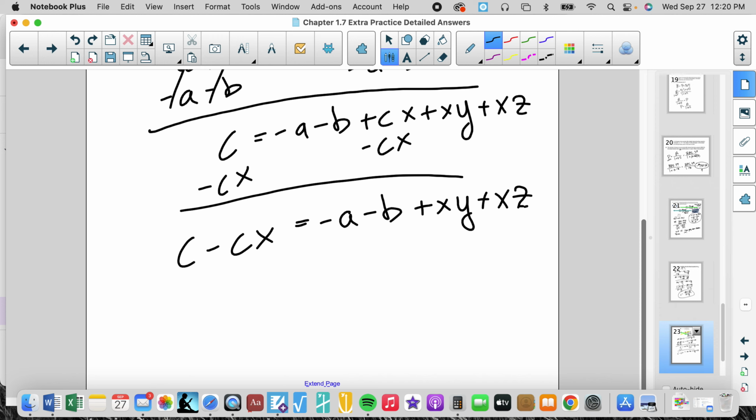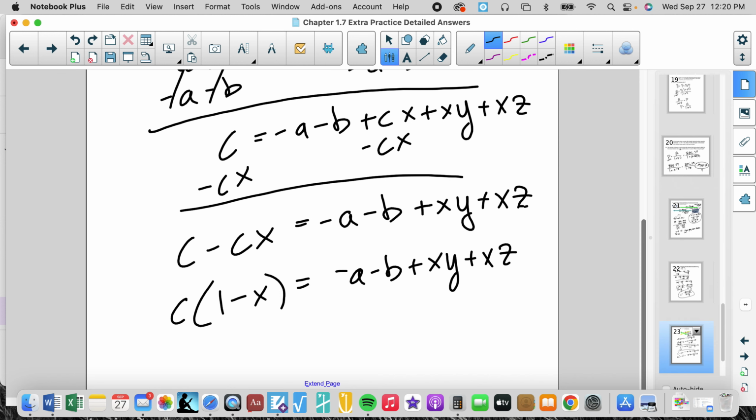Those are different. Now we have the c's and they're being added and subtracted, so I can factor out a c. We get 1 minus x if we factor the c. C from c leaves me with 1. C from negative cx leaves me with negative x. Negative a minus b plus xy plus xz.